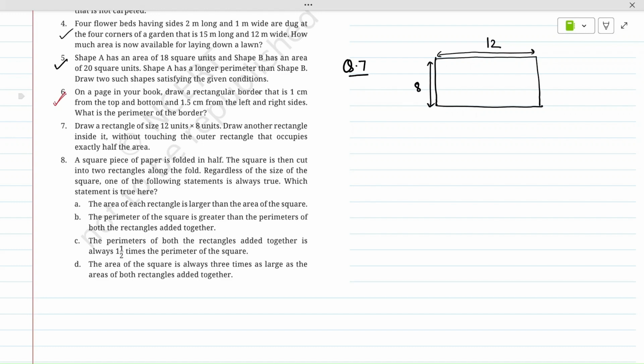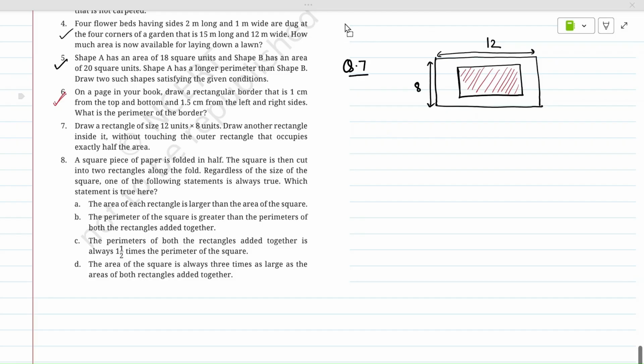Inside this, draw another rectangle. Now we have to draw another rectangle without touching the sides. We don't know the dimensions till now. Now, without touching the outer rectangle, it occupies exactly half the area. So the area of the inner rectangle should be exactly half of the area of the outer rectangle.